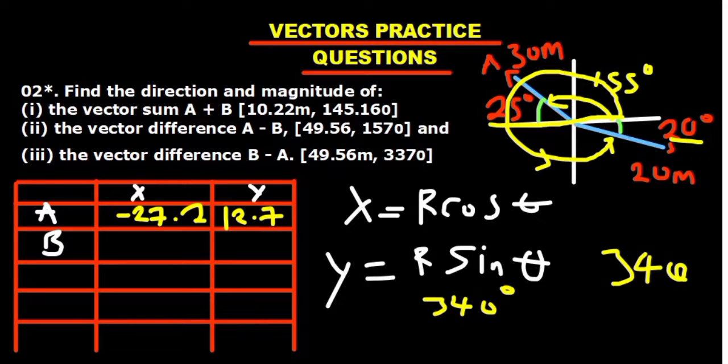So our magnitude is 20, so it's going to be 20 cos 340 for the x component, which is 18.8. For the y component, it's going to be 20 sine 340, negative 6.8.